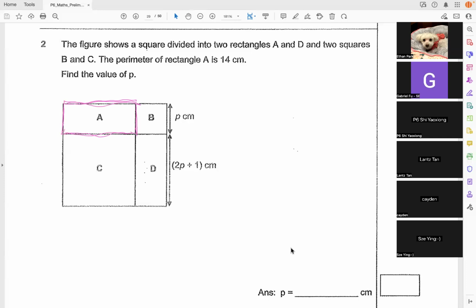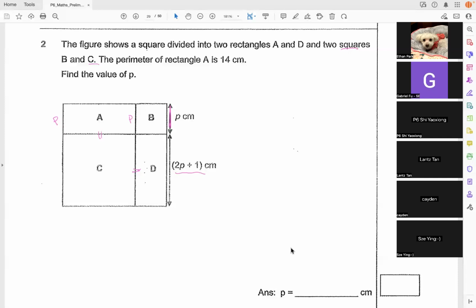Okay. Now we know that this is P. This will be P. Okay, this is P centimeter. This will also be P centimeter. And because C is a square, they say C is a square, right? So the sizes of the squares are the same. These will be equal to this.